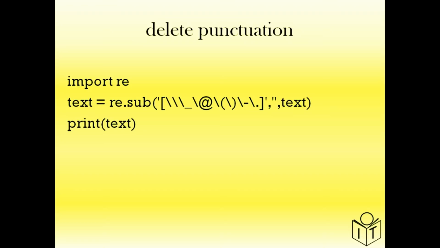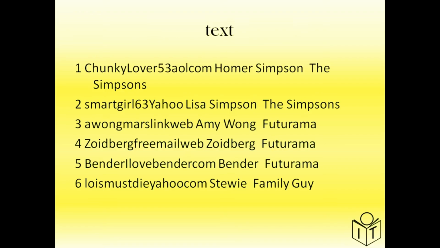We've got the slash underscore, the slash at, the slash beginning bracket, slash end bracket, dash, and escape character dot. So all of those characters, those punctuations, will be removed using this expression. If we have a look, the text is the same but without those punctuations.